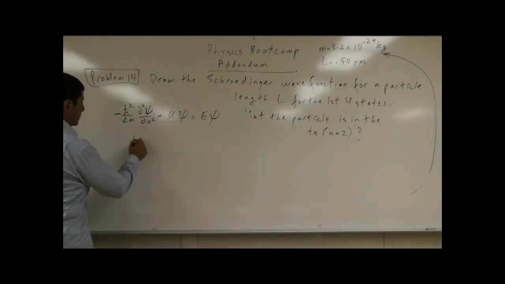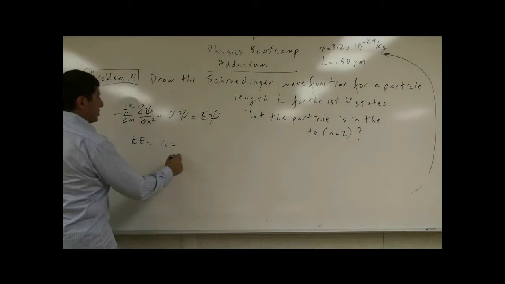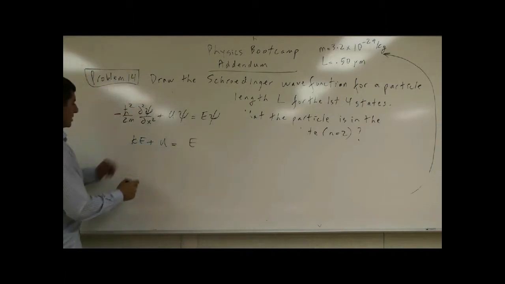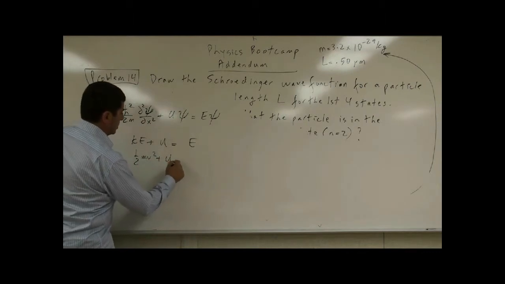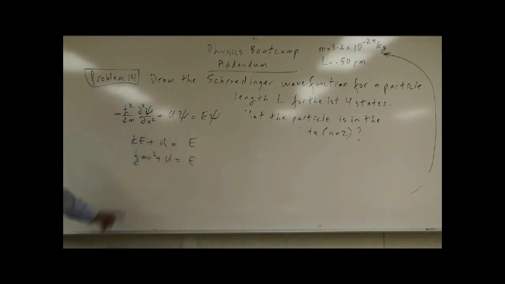We know from mechanics, kinetic energy plus potential energy equals total energy. Kinetic energy is half mv squared, plus potential energy is equal to total energy. And then most often in higher level physics, we express this kinetic energy this way. We say linear momentum is equal to mv, and then v is equal to p over m.